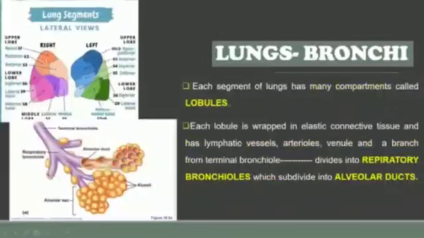Inside this segment, there are small compartments called lobules. Each lobule is covered with elastic connective tissue, and inside it you can see a lymphatic vessel, arteriole, venule, and the terminal bronchiole, which divides into respiratory bronchioles, which subdivide into alveolar ducts.